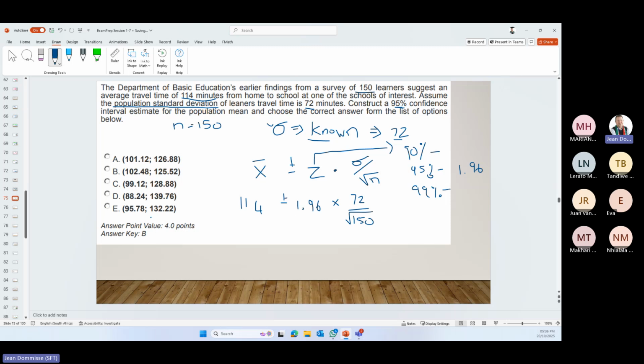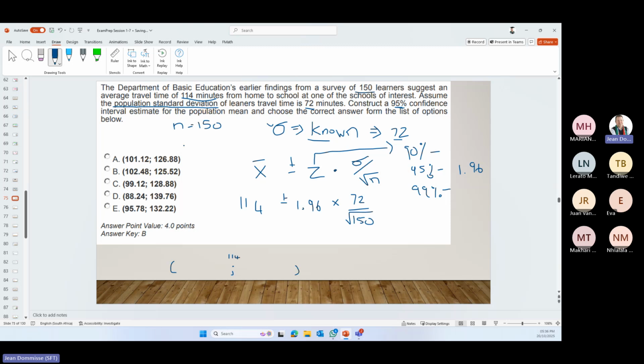Another thing I normally check is, remember, a confidence interval will have a bottom one, in the middle will sit 114, and then a top one.